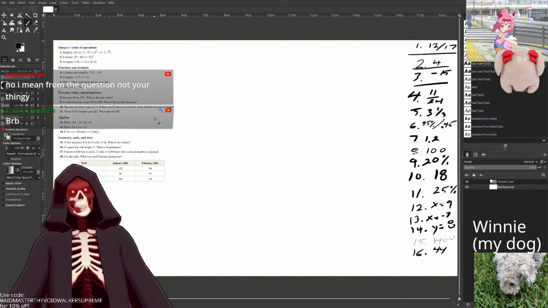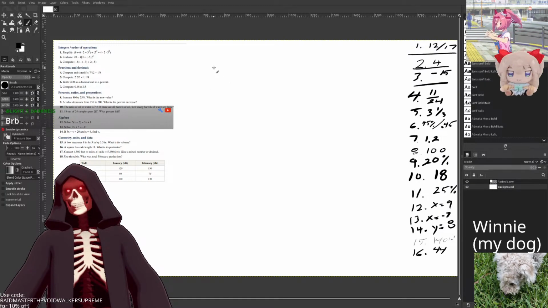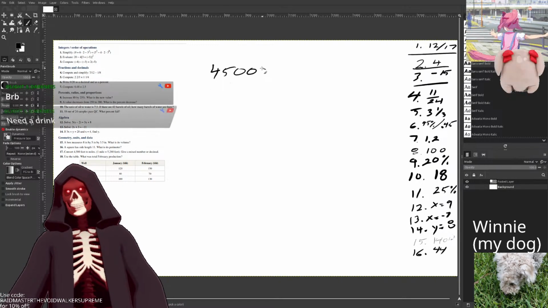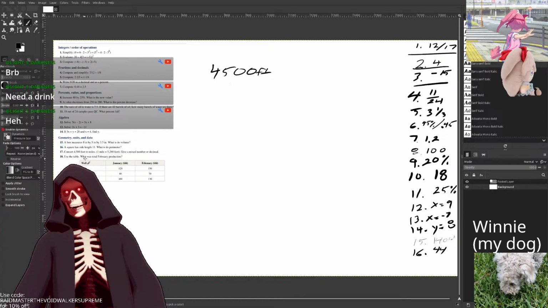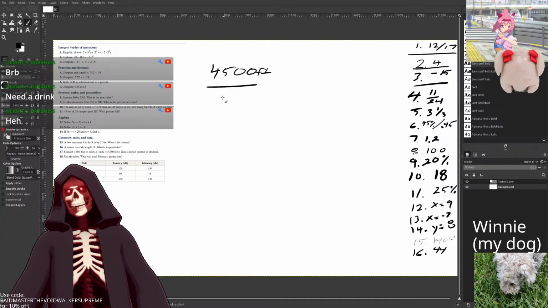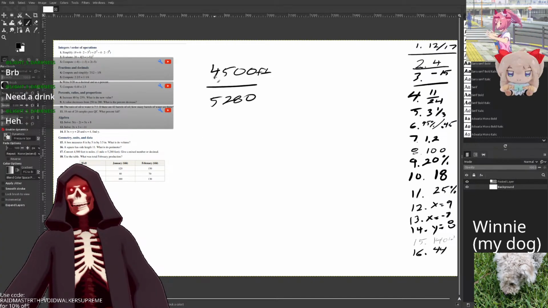Okay, so now, BRB, yeah, no worries. 17 converts 4,500 feet into miles. Well, that's very simple. We divide that by 5,280.